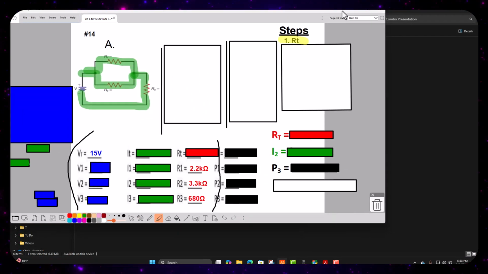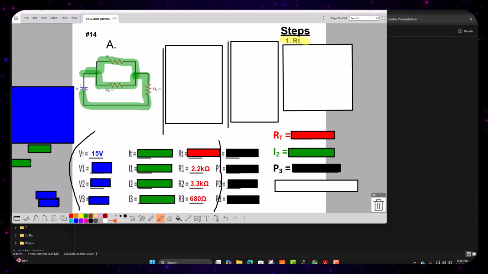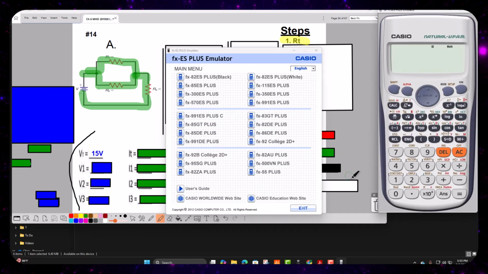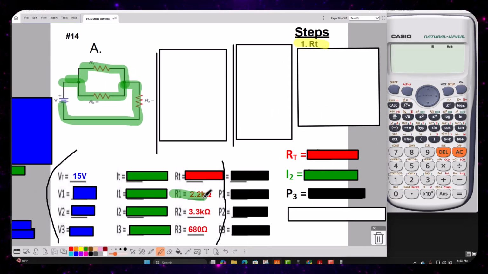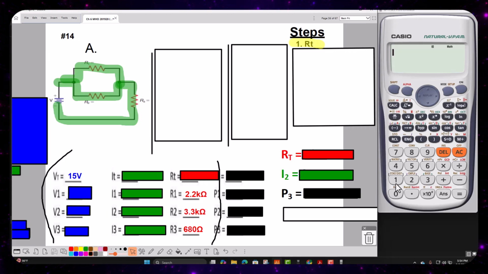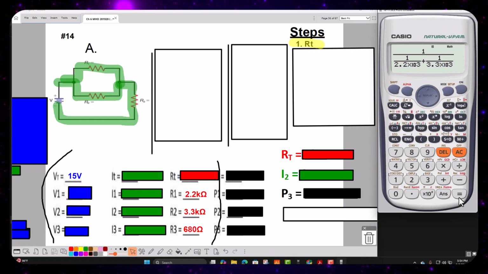So the first thing I'm going to do is reciprocate R1 and R2 together. So I'm going to say 1 over, under 1 over 2.2 k ohms, plus 1 over 3.3 k ohms.